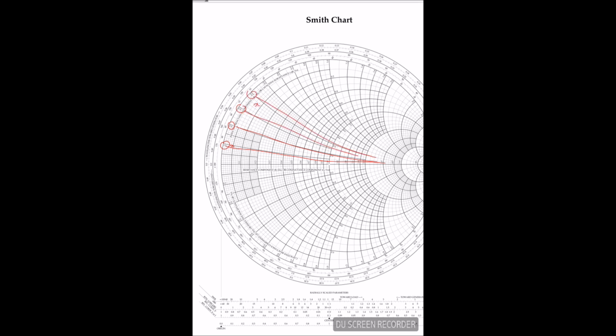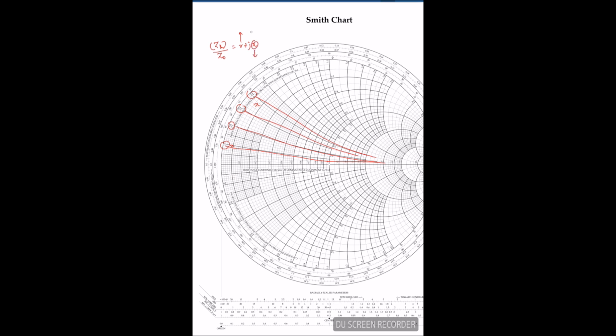So any impedance in the Smith chart I can write in terms of a normalized value. I take any impedance and divide by the characteristic impedance, so I get a real part and an imaginary part. The real part is always my resistance circle that I showed earlier, and X is nothing but my reactance.